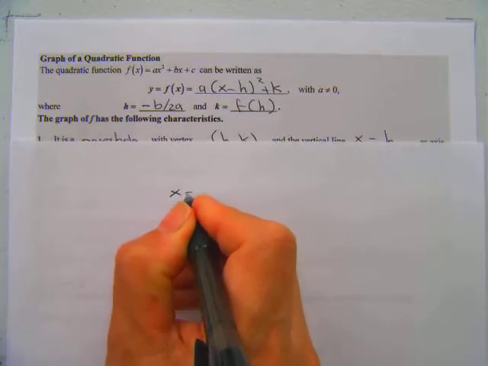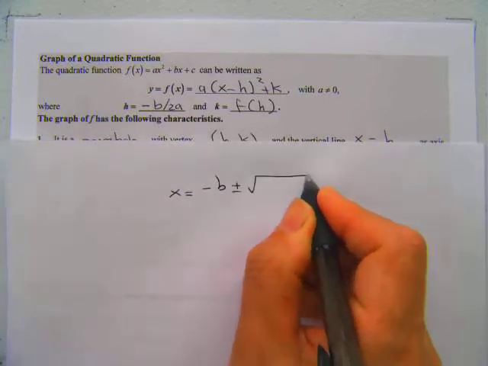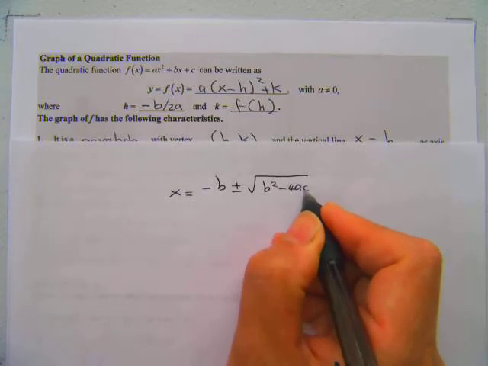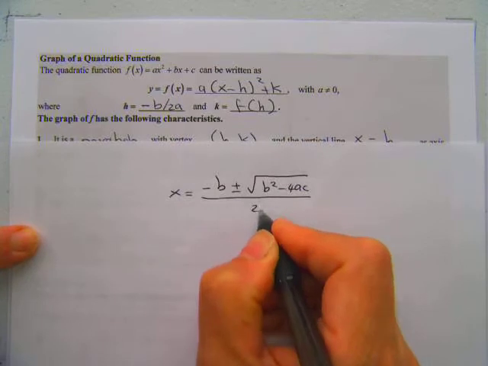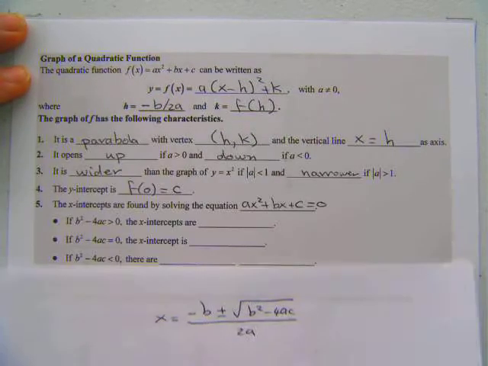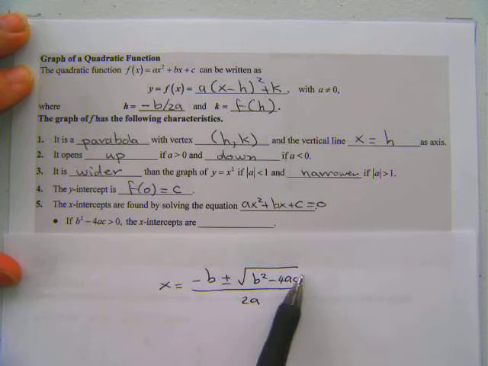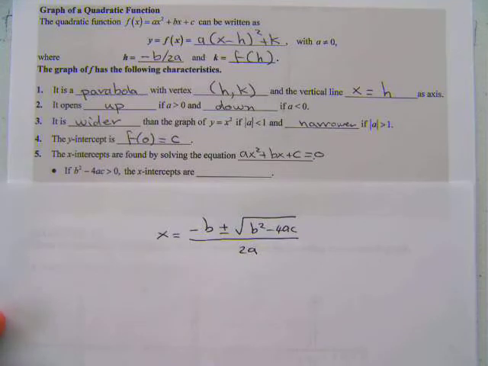We know that it is solved by x equals negative b plus or minus the square root of b squared minus 4ac, all over 2a. So now it turns out that things are going to depend on this quantity, b squared minus 4ac, which is under the square root. So depending on that, here's what we're going to have.